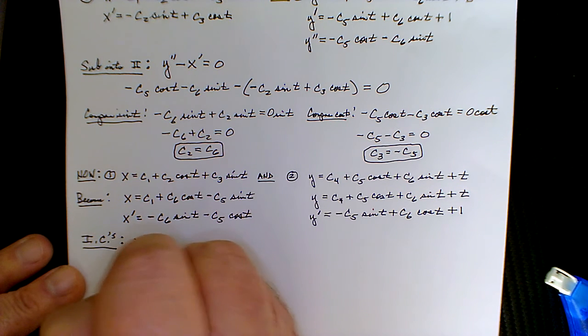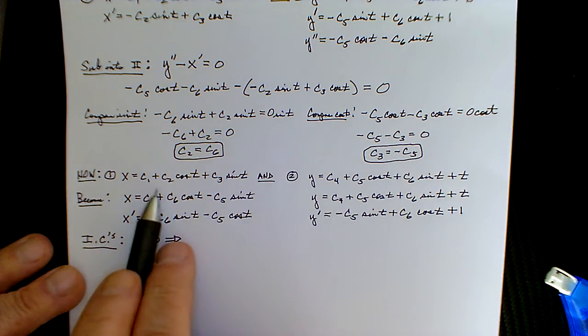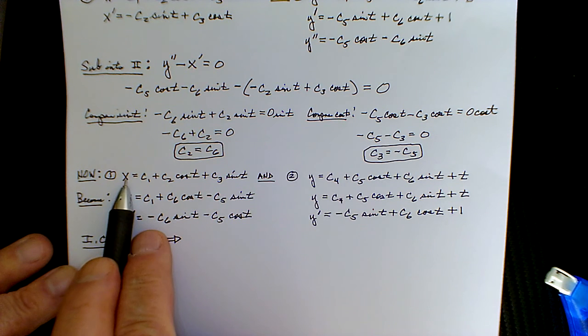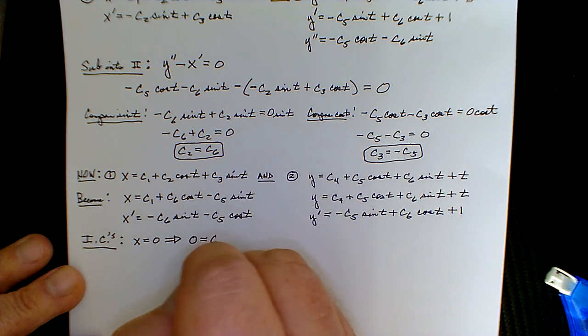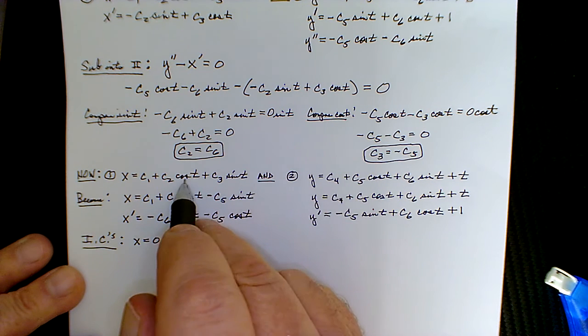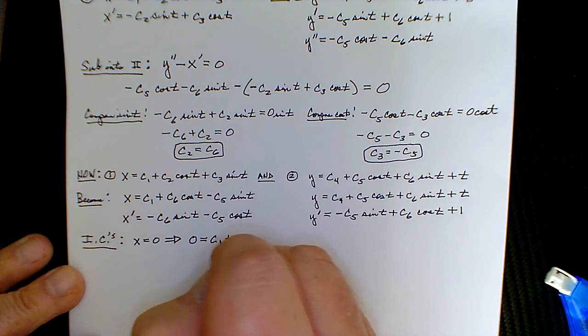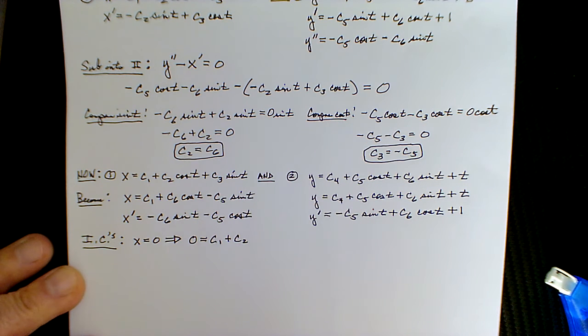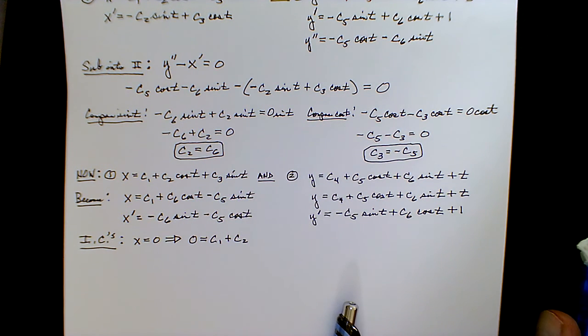So from x equaling 0, we get 0. So we're up here. 0 is equal to C1. And remember, when t is 0, cosine of 0 is 1, sine of 0 is 0. So C1 plus C2, or C1 plus C6, excuse me.